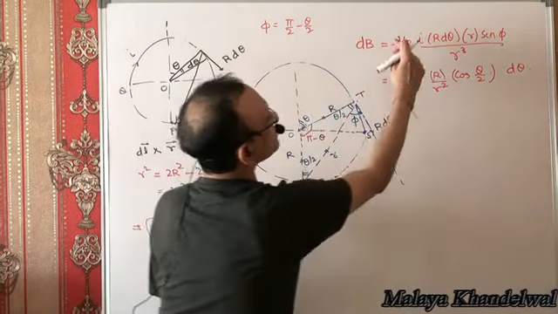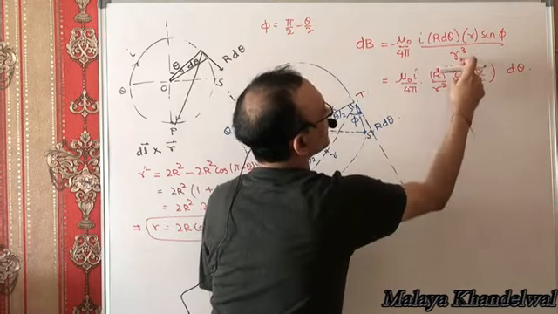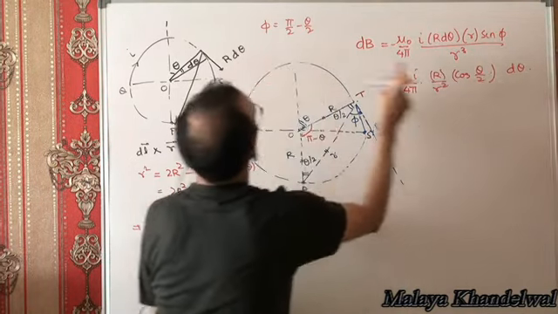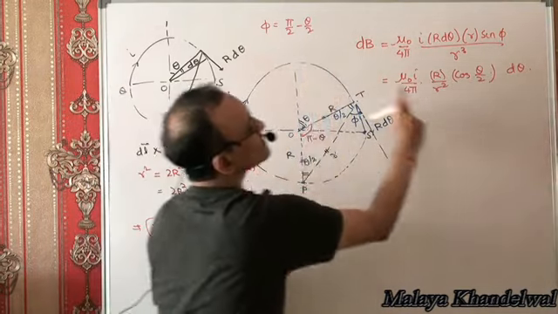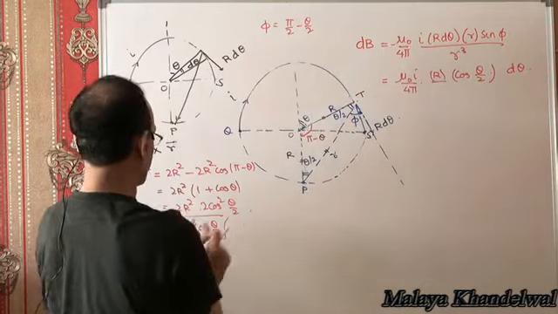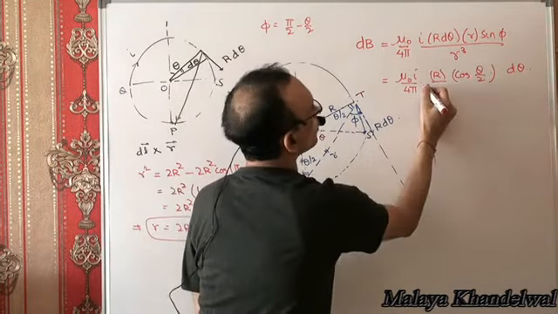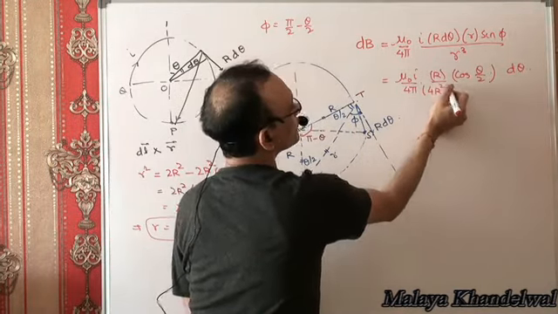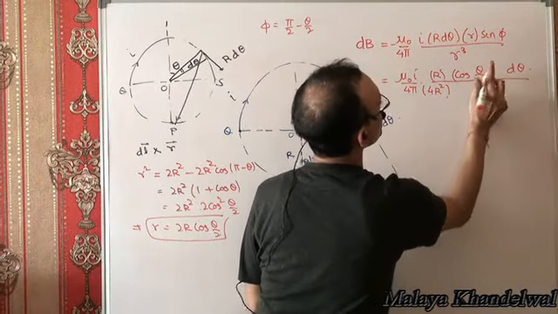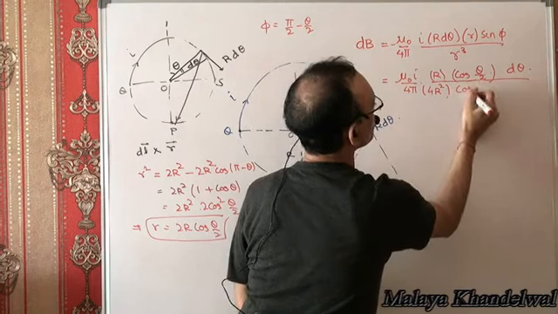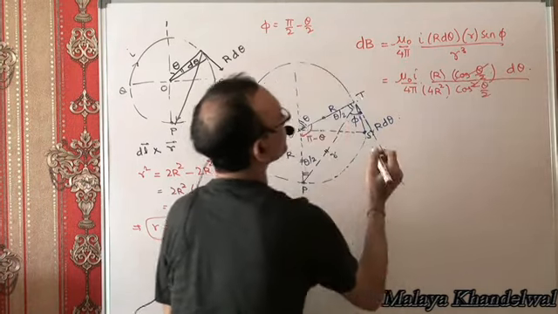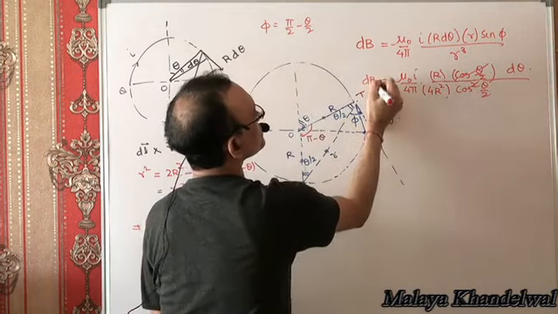I hope all of you understand this. And this small r squared sitting in the denominator is like 4R squared cos squared θ by 2. So this goes away, this goes away. That's dB because of this chosen element.